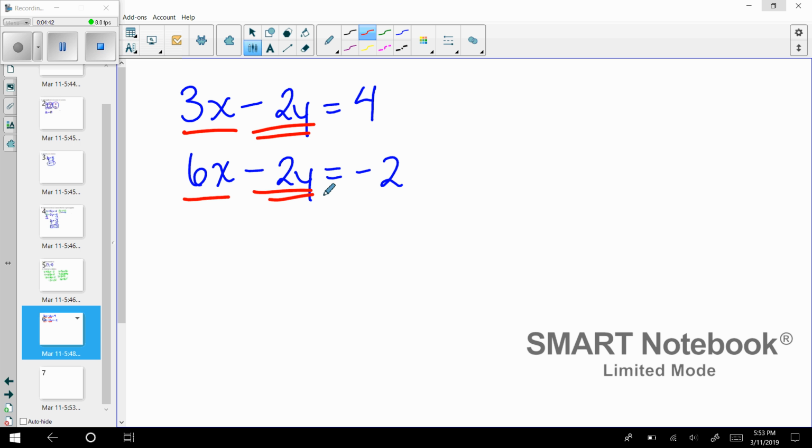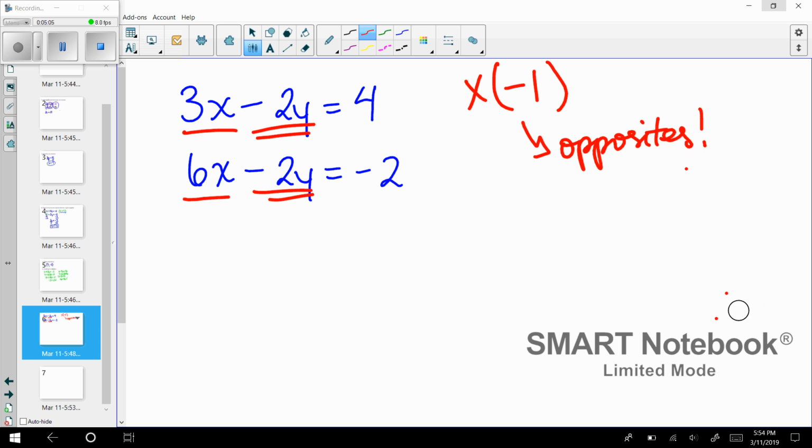So where do I go from here? Well, I'm going to have to change one of these equations. I'm going to have to multiply by -1 to get the opposite values for one of my equations.